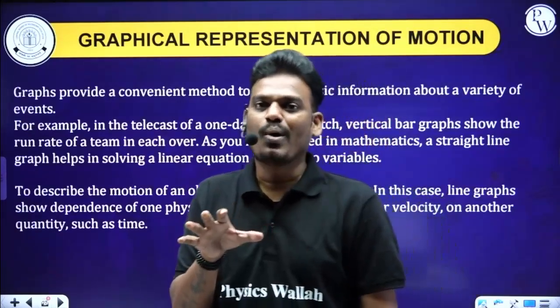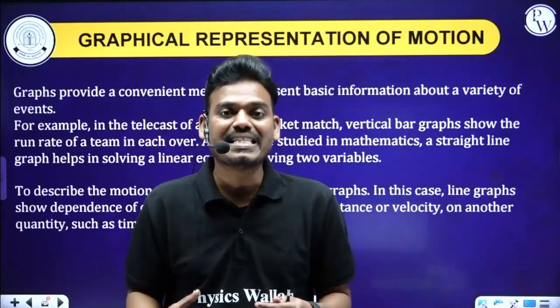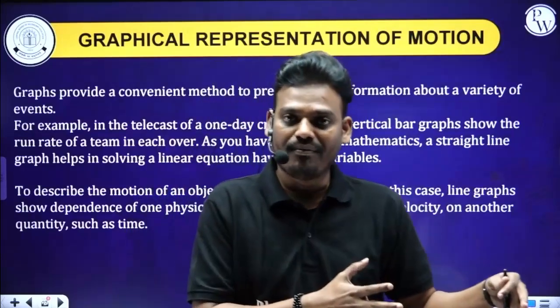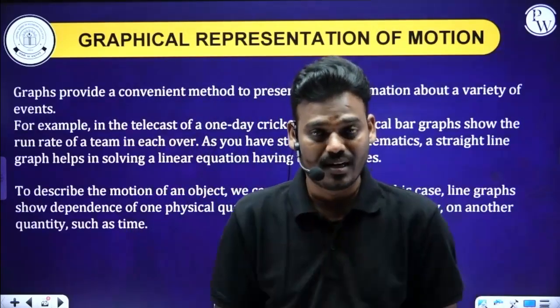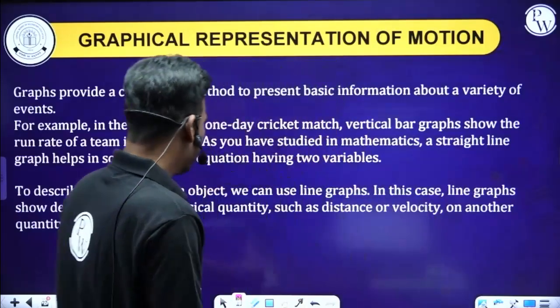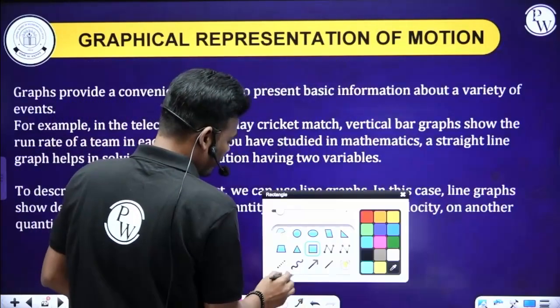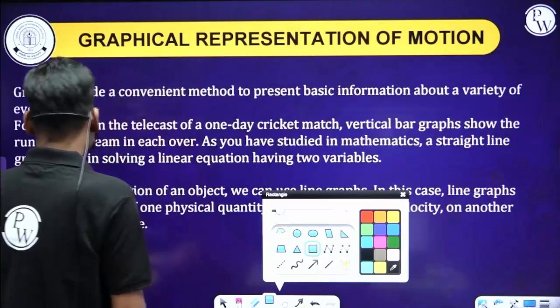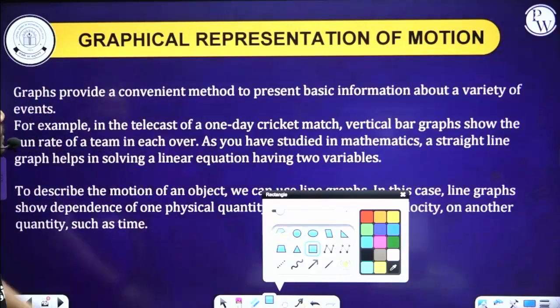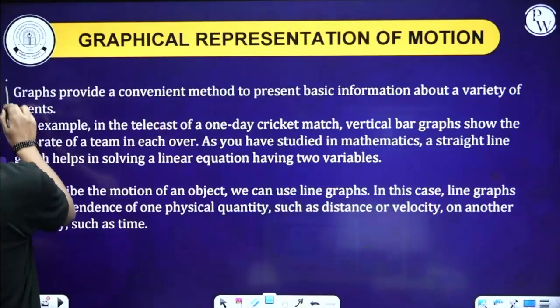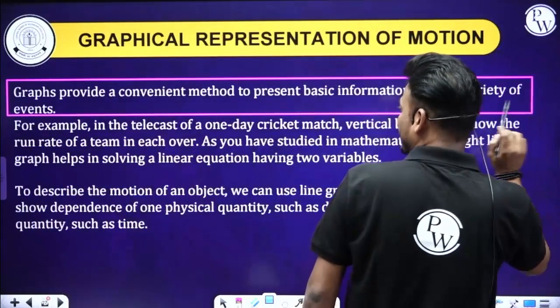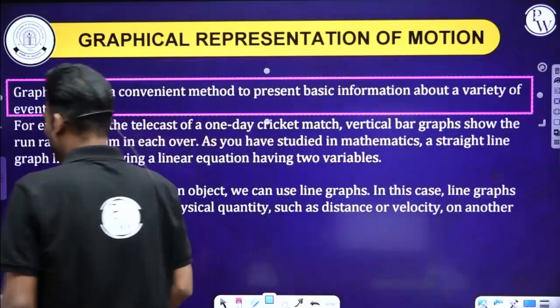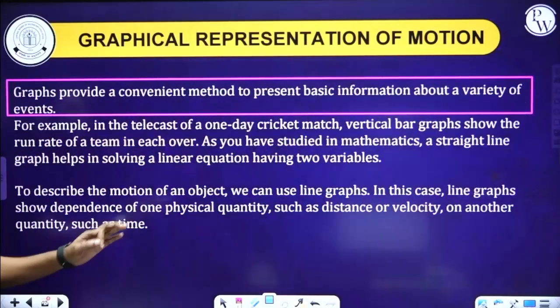So to understand all these quantities easily in different events, we are using graphical representation of those quantities. Okay. So let's try to understand the speciality of this graphical presentation. The first one: graphs provide a convenient method to represent basic information about a variety of events. This is the main reason we are using graphs, the graphical representation of motion.